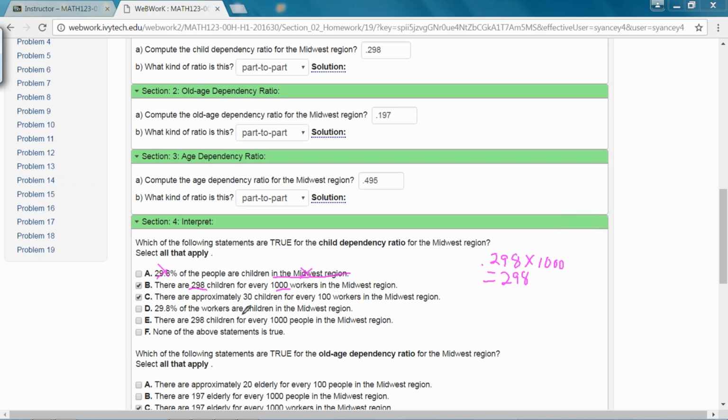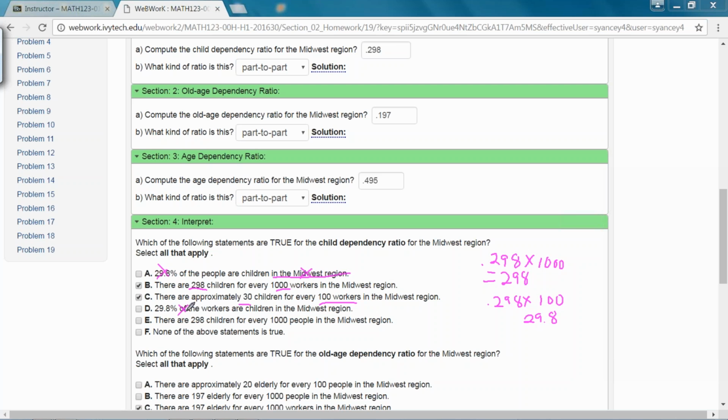Okay. It says there are approximately 30 for every 100 workers. Okay. Well, now we take our 298, multiply it by 100 to see how many per 100. You get 29.8, which is approximately 30, so that is correct. It says there are 29.8% of the workers are children.